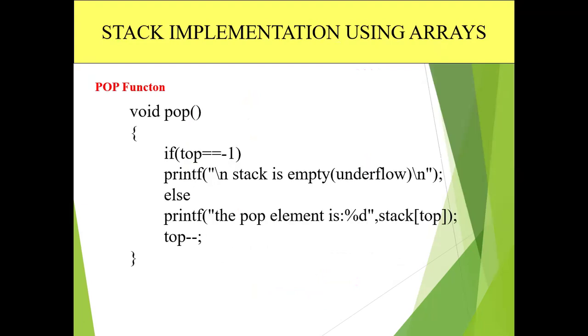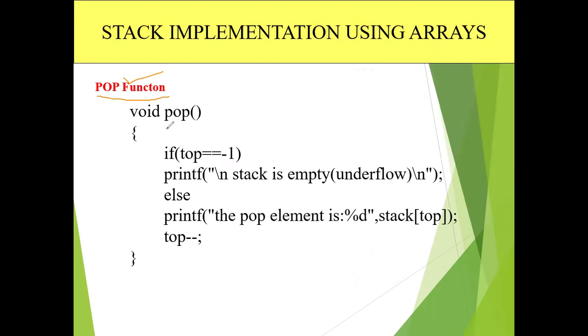Similarly, now we discuss the deletion of a value using a function named pop. Pop is the operation meant to delete a value from the stack. To delete a value from the stack, we use a pop function.